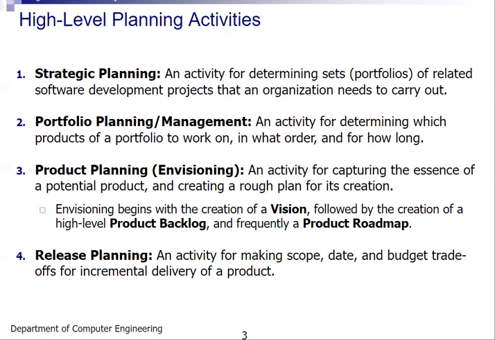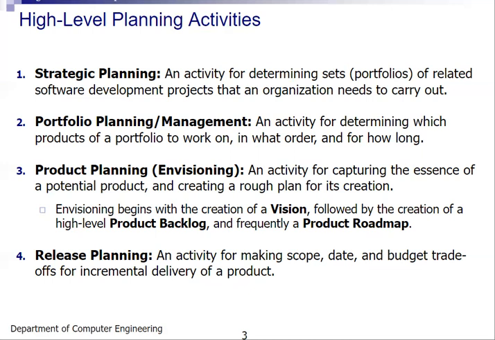Envisioning begins with the creation of a vision, followed by the creation of high level product backlogs and frequently a product roadmap. Then comes the release planning. Like आपने product planning कर दिया, then you need to decide कि when you can release that particular product.